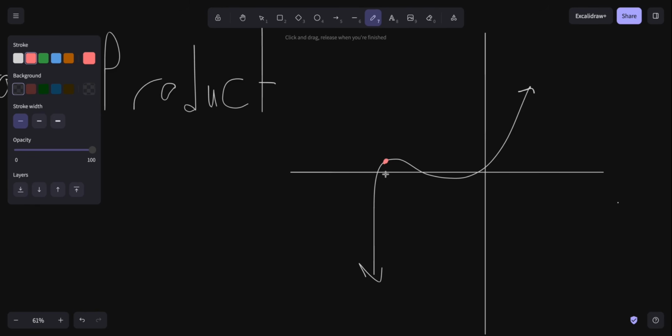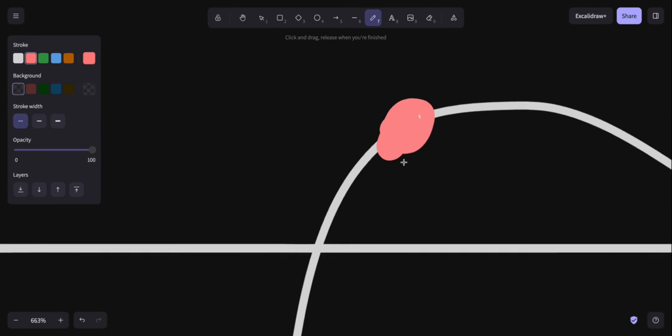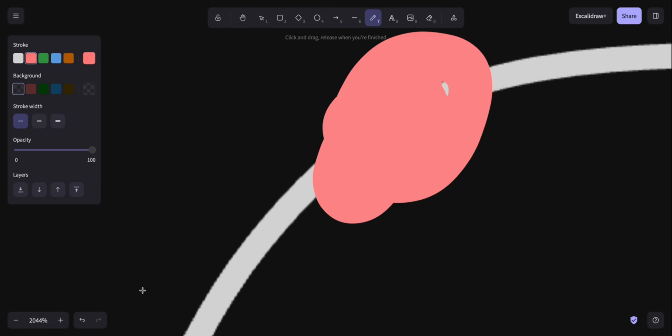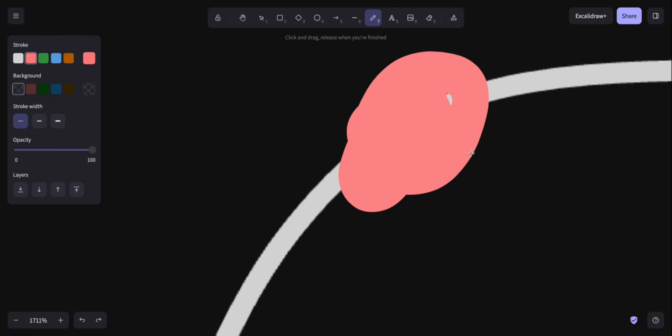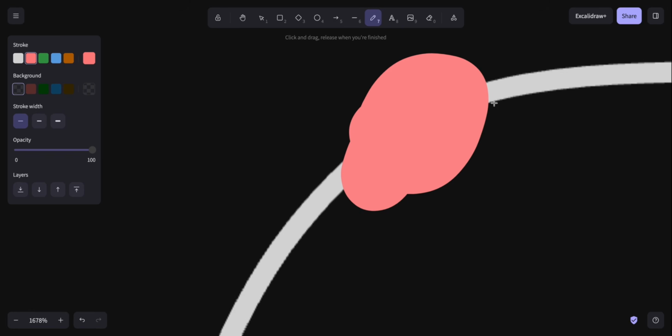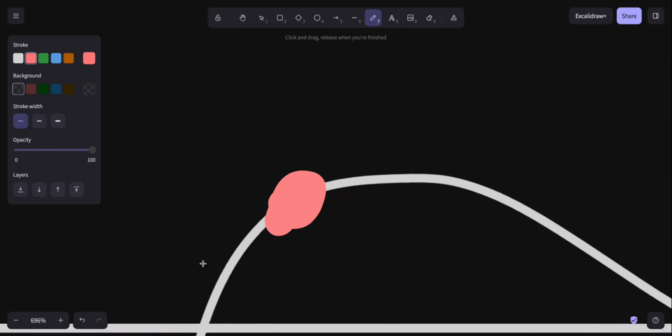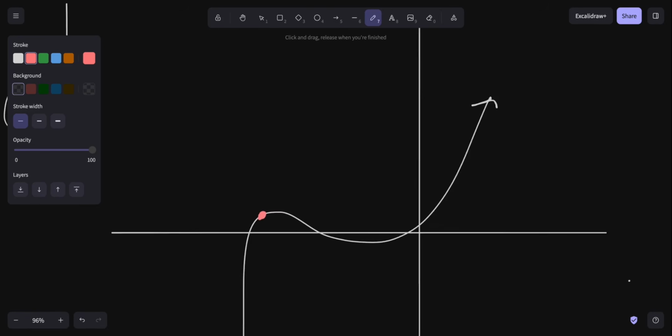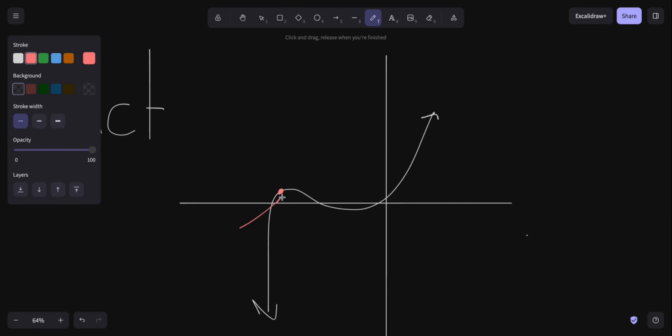If I zoom in close enough to my function, it starts looking more and more like a straight line that I can use to approximate the value near that point. So lines can be used to approximate values near the point that you're focusing on.